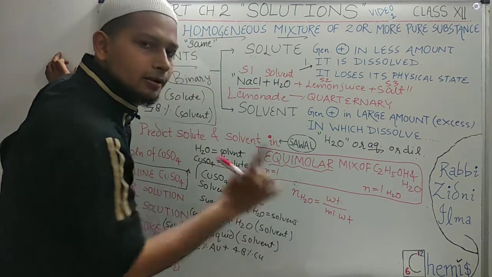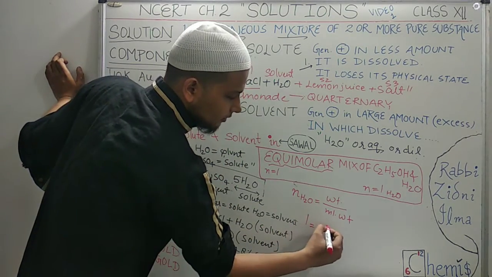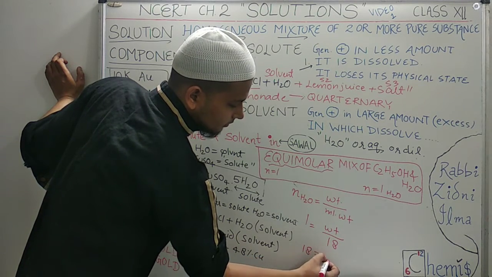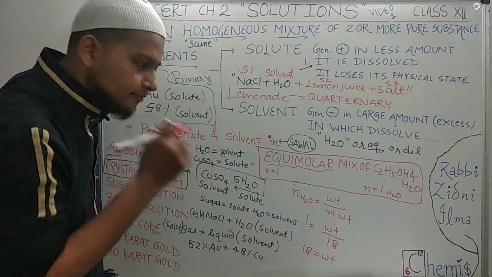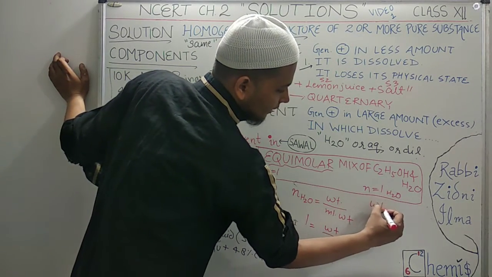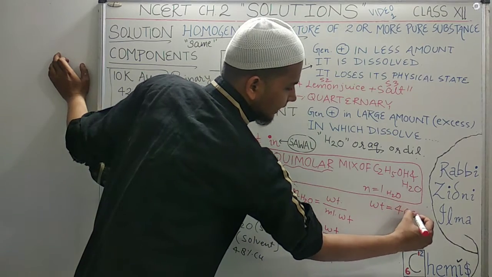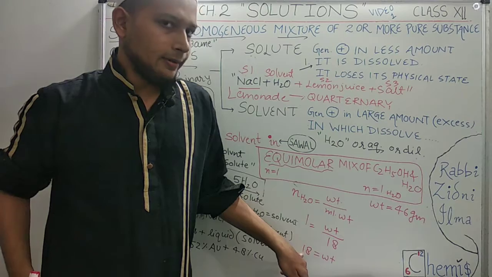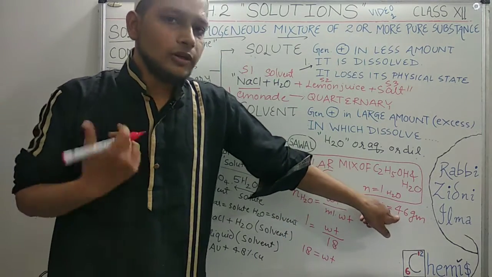Now if we consider the mole is 1, then the weight of water turns out to be 18 gram. By using the same formula, we get the weight of alcohol, that will be 46 gram. Now the twist in the tail: water is 18 gram and ethyl alcohol is 46 gram.